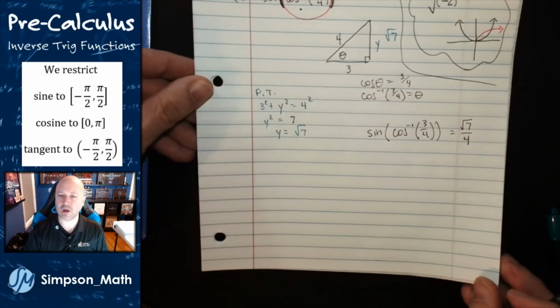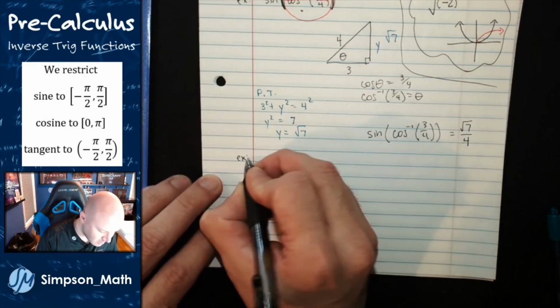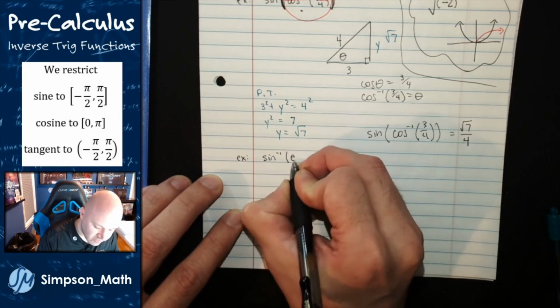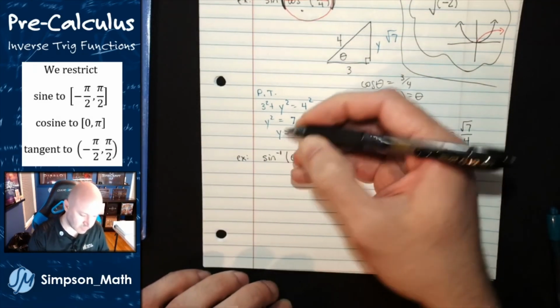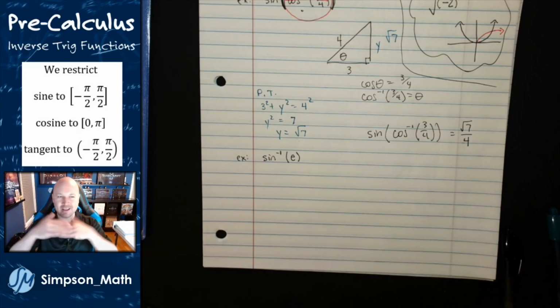That was tricky, but let's do another tricky one. Sine inverse of E. Okay, well, I see a sine inverse, so I know I'm restricted from negative pi halves to pi halves.